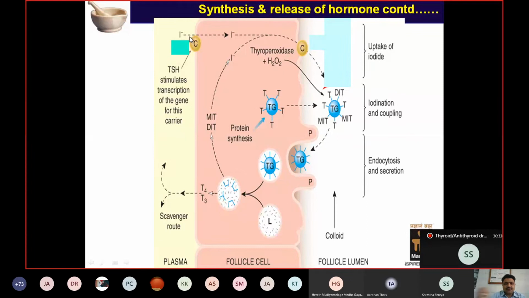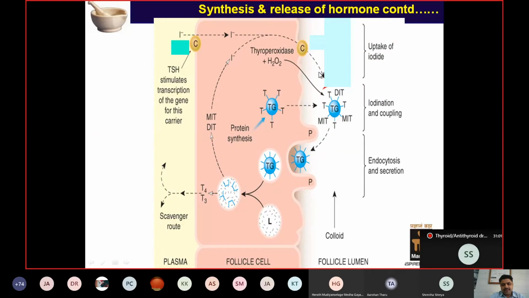So here the iodine is trapped or taken up by the cell. This is facilitated by a carrier, which is said to be the sodium iodide carrier. So this carrier will help in taking the iodine into the cell, and this is ultimately released into the follicle lumen.